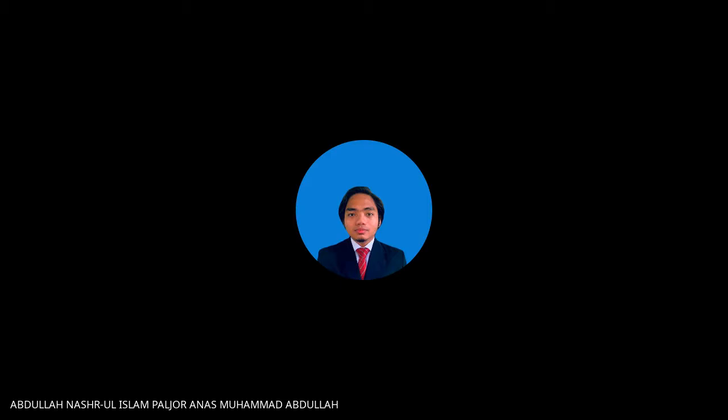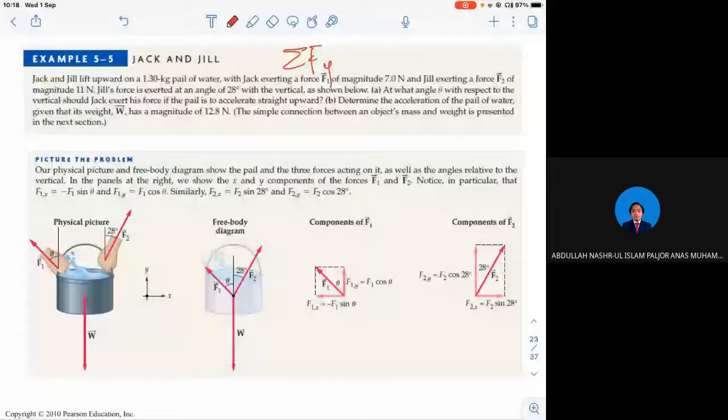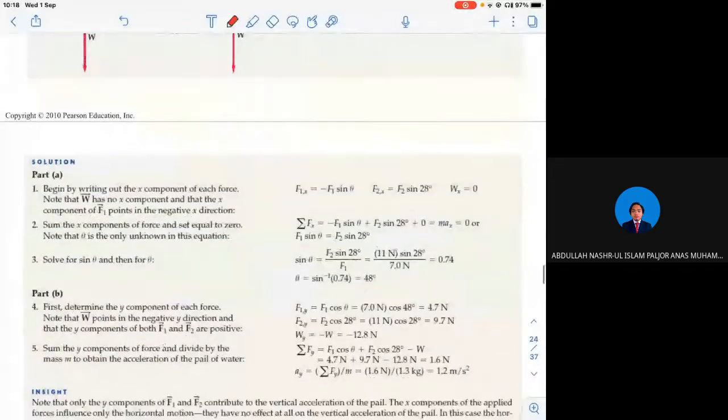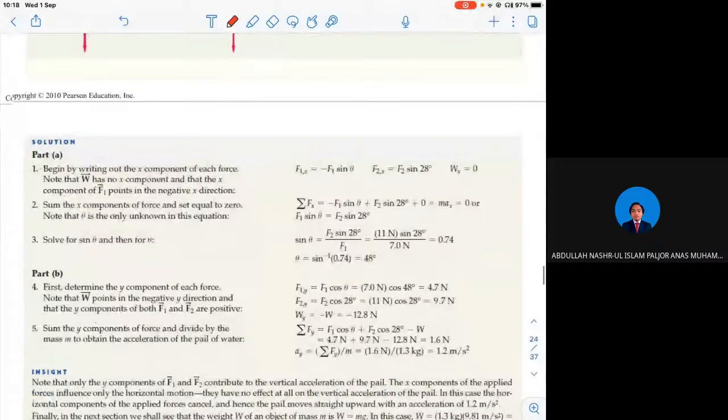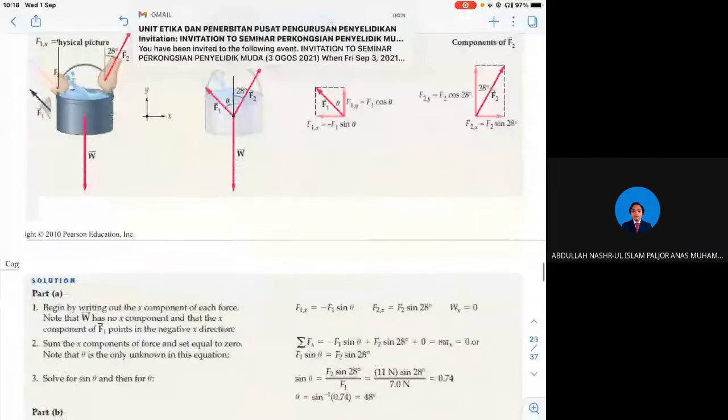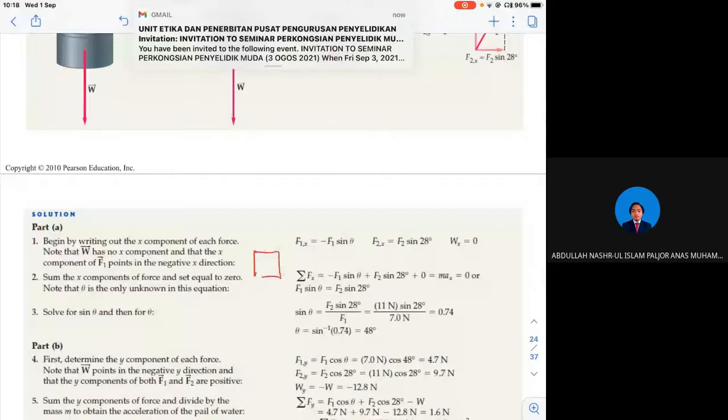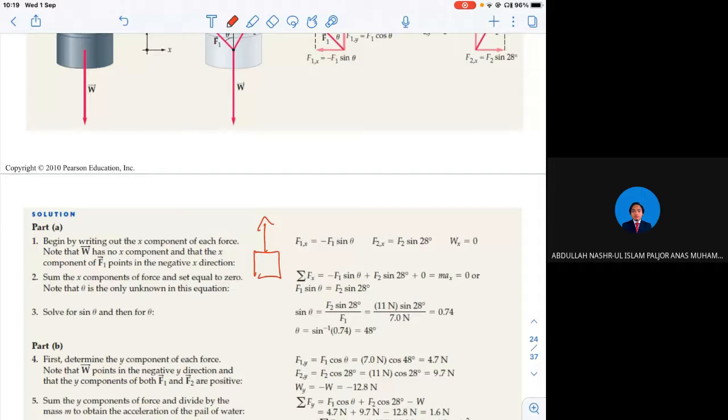So that is the summation of Fx, and this one is the example of Jack and Jill, which emphasizes more the summation of Fy equals ma. You can see a lot of questions where the pail is brought up. Look carefully, the situation now doesn't involve x.